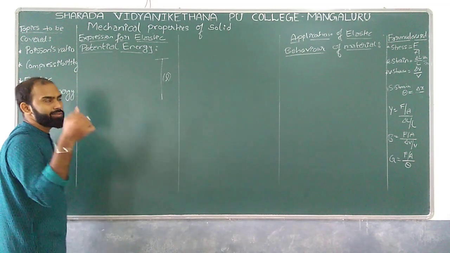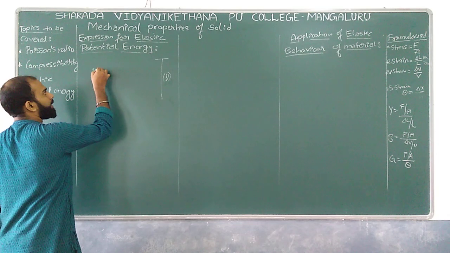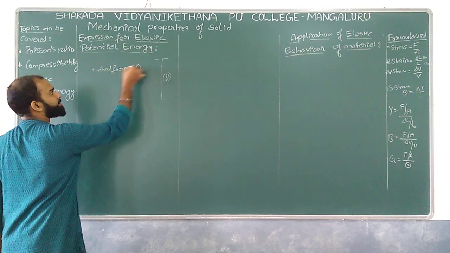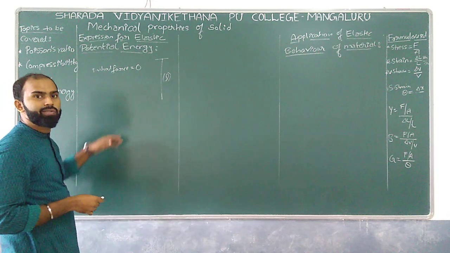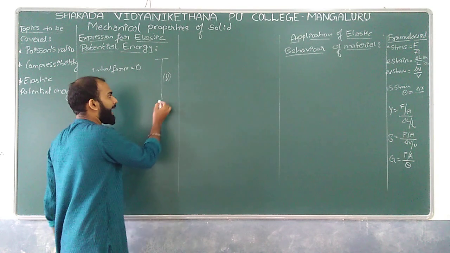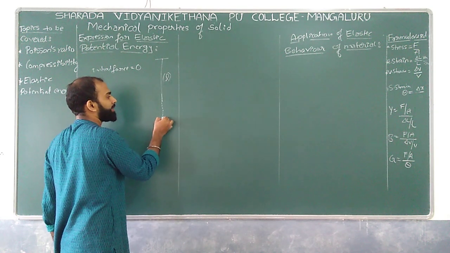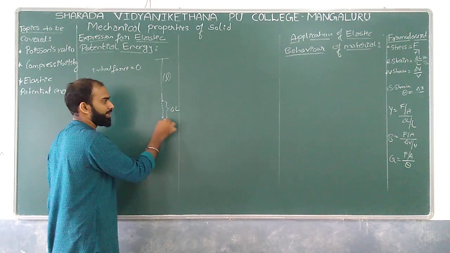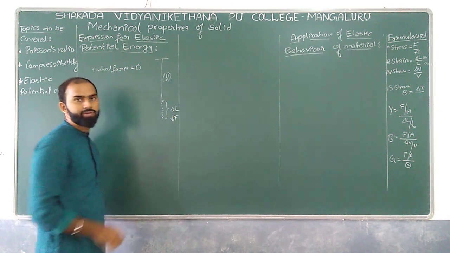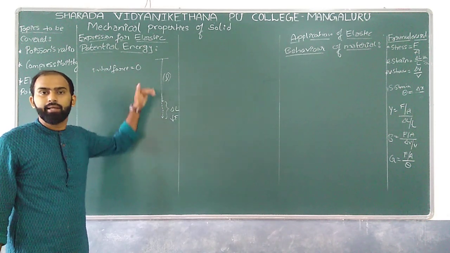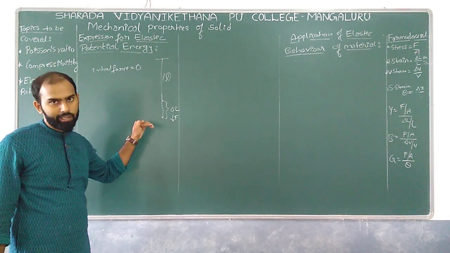No. So the initial force is 0. Then what is the final force? After applying some force, I can have an increase in length. For example, I can have delta L over here, in the direction of force, which is the downward direction. This means I have applied some force so that an increase in length takes place.